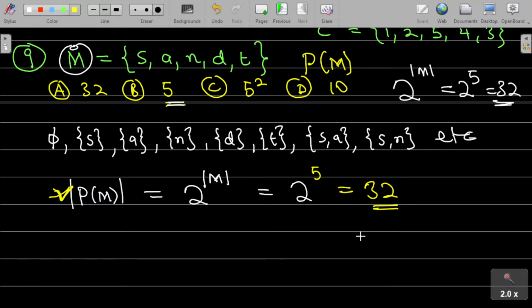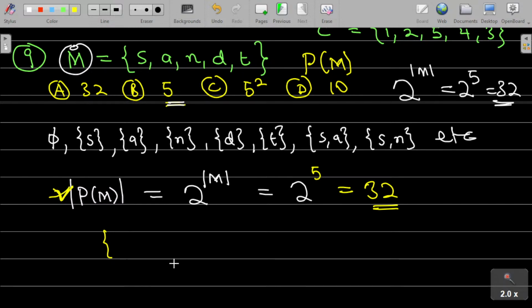Daniel, it is a formula. It's a short way of helping you get the cardinality, because what you're supposed to do is to form all these subsets and count them. But you cannot form them in the exam. It will take you time. So we decided to show a formula that will help you get it. You can actually form this one because it's just 32. What if we give you a set that has 100 elements?